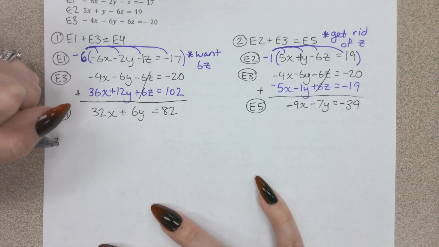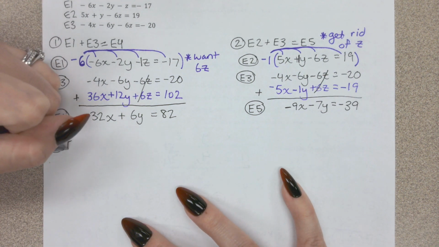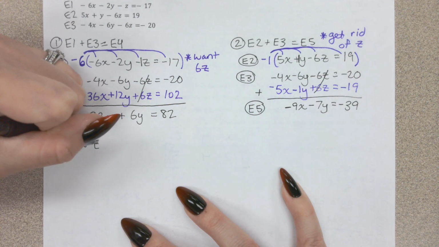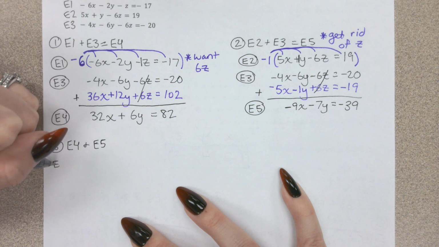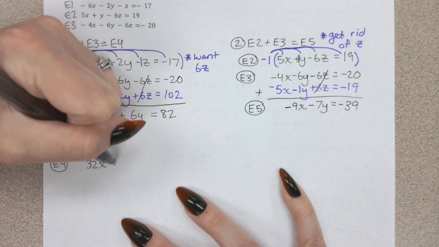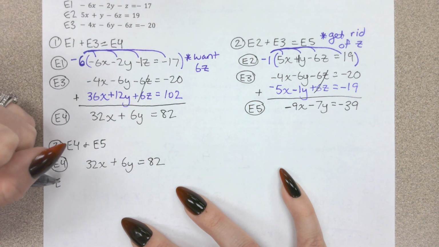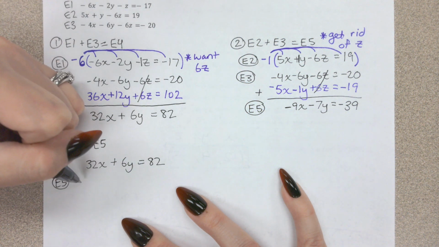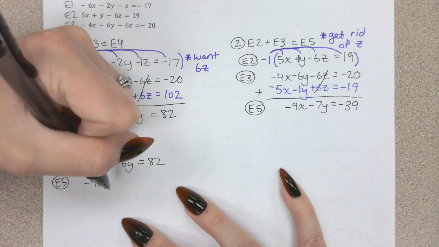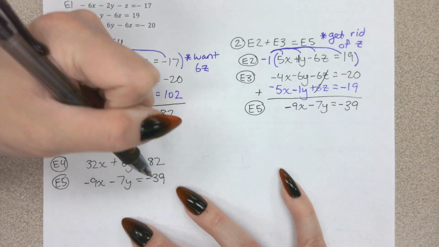Step 3, we're going to do elimination one more time with E4 and E5. E4, 32x plus 6y equals 82. E5, negative 9x minus 7y equals negative 39.